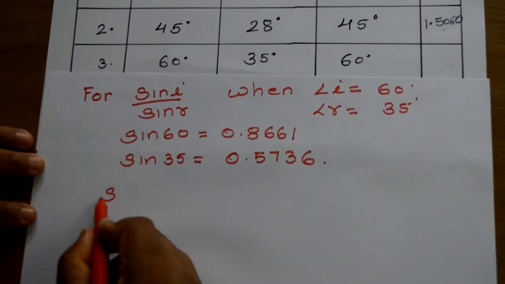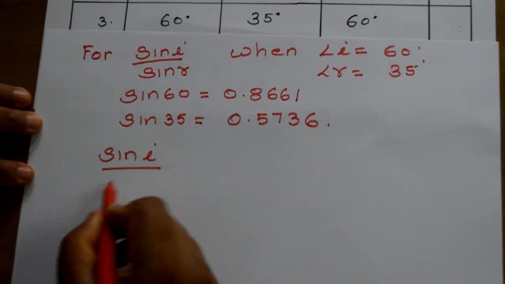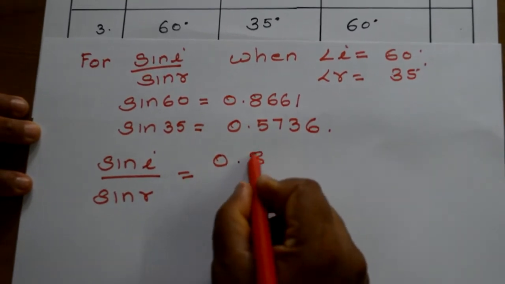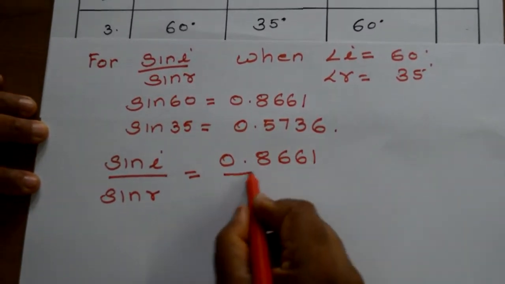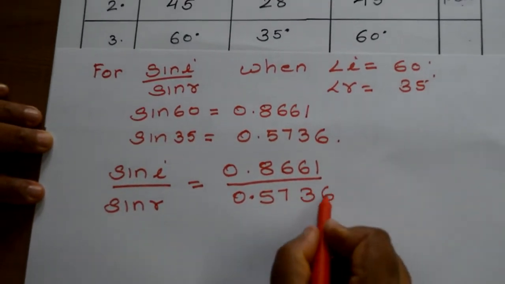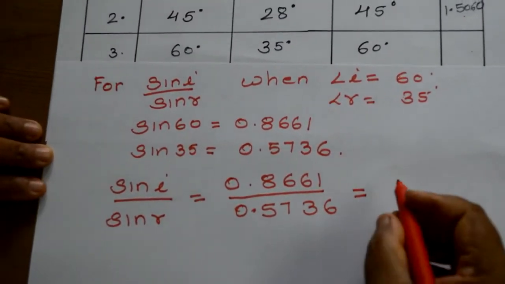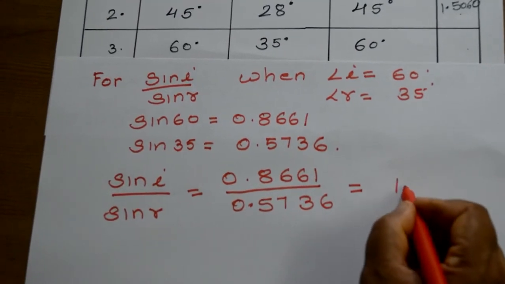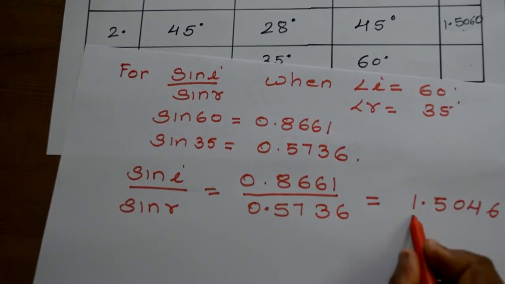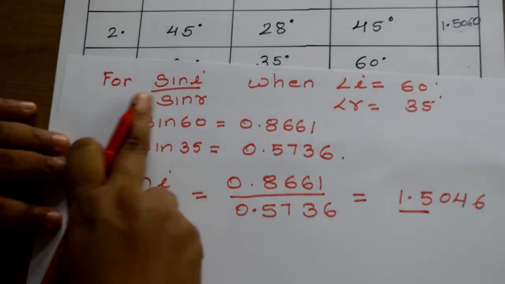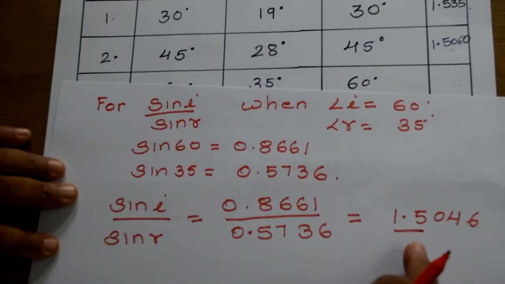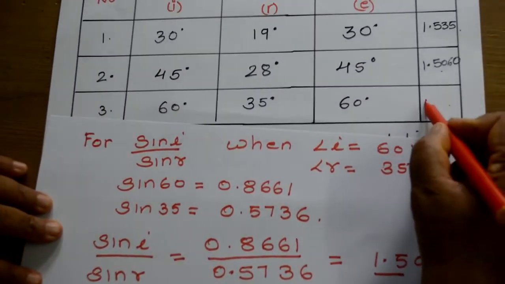So sin I upon sin R is 0.8661 upon 0.5736, which is equal to 1.5046. This is the refractive index when the angle of incidence is 60 degrees and the angle of refraction is 35 degrees.